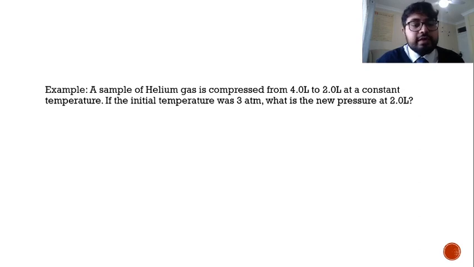So the first example that we're going to look at is a sample of helium gas is compressed from 4 liters to 2 liters at a constant temperature.